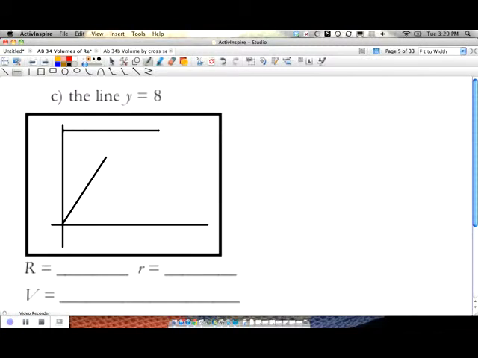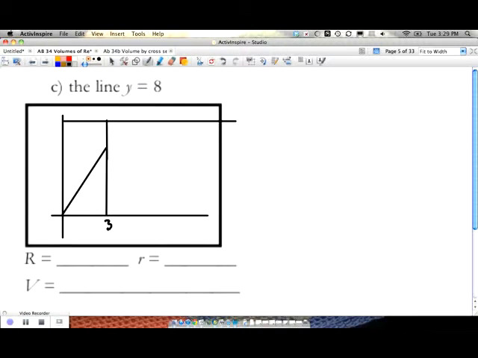I'm giving myself a little bit more space because now I have to go up as high as 8. That's my line y equals 8. We still have this bounded area here. We have x equals 3, x equals 0. We still have the same bounded region here.